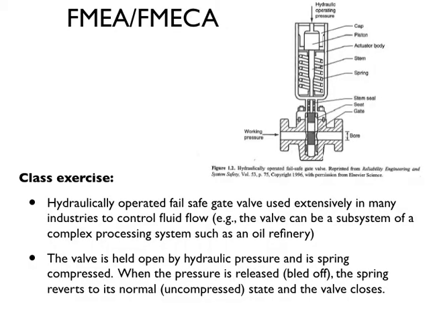I'll move on to example number 2, and this is actually something that you guys saw in a previous term, so you have been a little bit familiarized with this example. The example is of a fail-safe gate valve, a hydraulically actuated fail-safe valve. The image up here in the top right shows the valve and all the different components. The fluid essentially flows through this canal here.